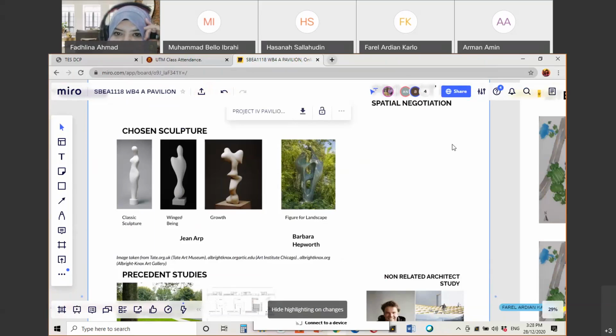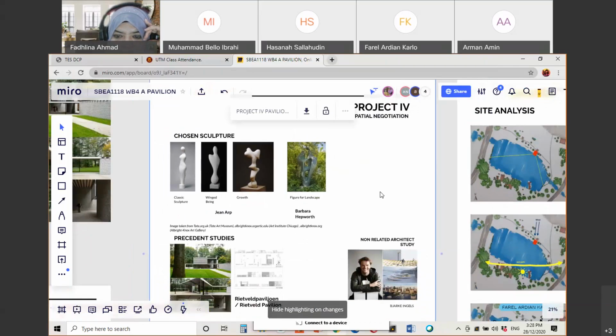So I was trying to create a sculpture pavilion where the main topic of this pavilion is about the people inside, the human beings. So there's no other themes within it. Farrell, this one is made by different artists, right?